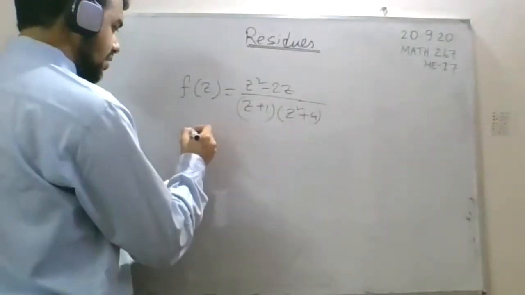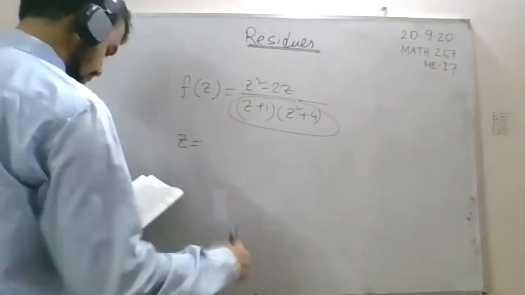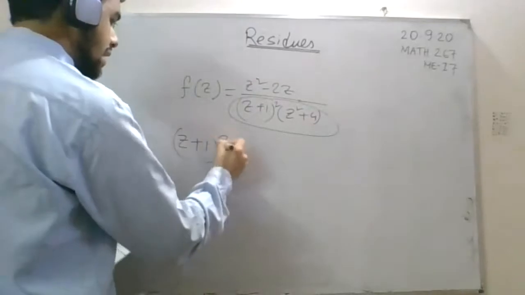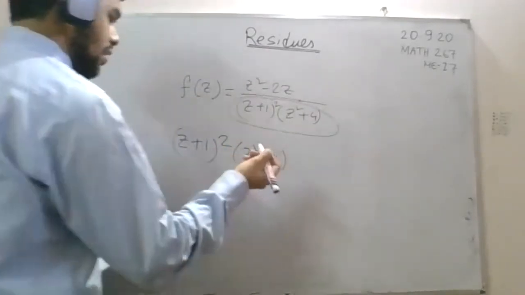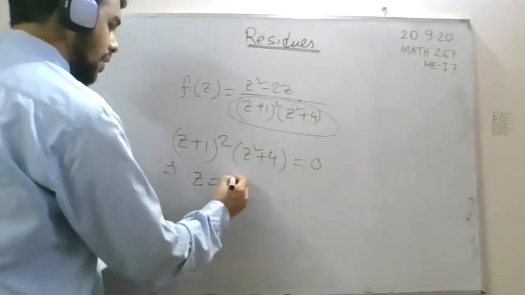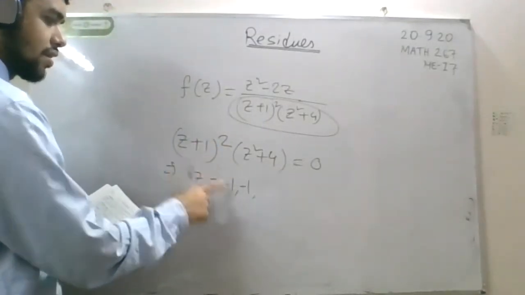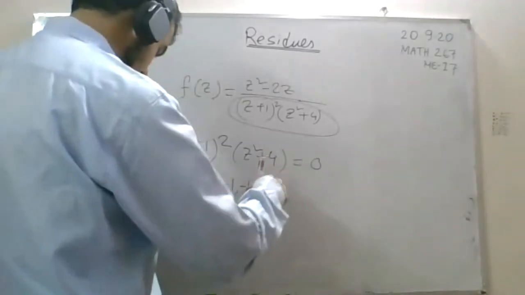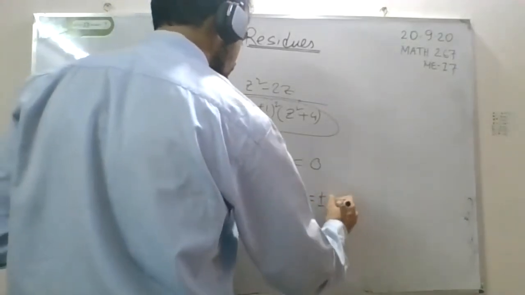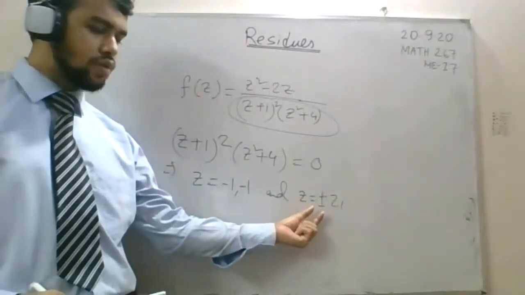So if I set the denominator equal to 0, then the values of z will be minus 1 and minus 1, because the power is 2, and for the other factor, z square equals minus 4, so you can say plus minus 2i. So z equals different values, which are 2i and minus 2i.